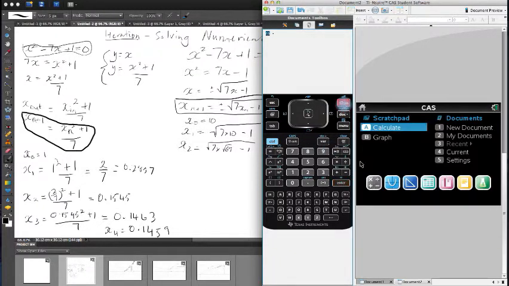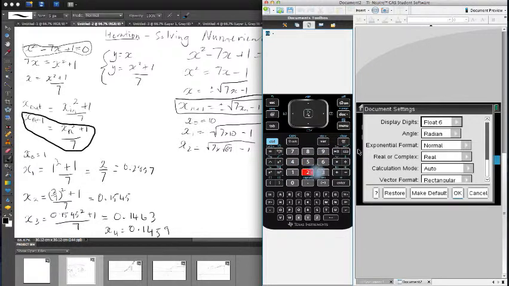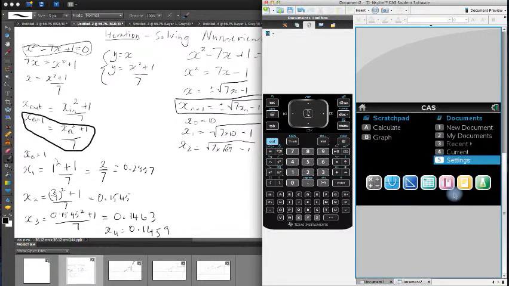So let's go in home and then down to settings, number 5 for settings, document settings, now we need to go into calculation mode, and we're going into approximate mode. Okay, so now let's try that all again.